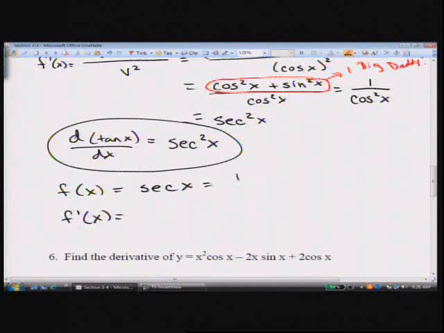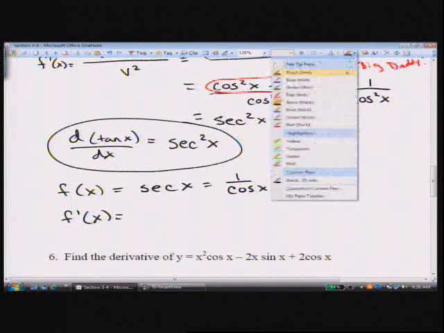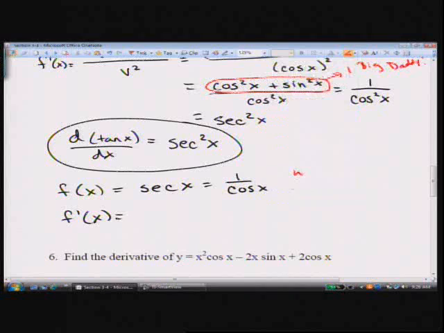Well, secant is 1 over cosine, right? So that is my u and my v. So u is equal to 1, u prime is equal to 0, v is equal to cosine x, v prime is equal to negative sine x, right?